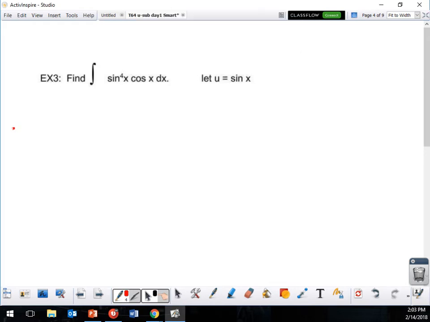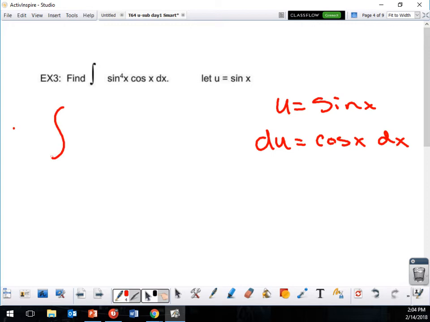All right, so let's see. If u equals sine x, du is going to be cosine x dx. Now I'm going to replace the cosine x and dx, so this is going to be the integration of u to the 4th du.